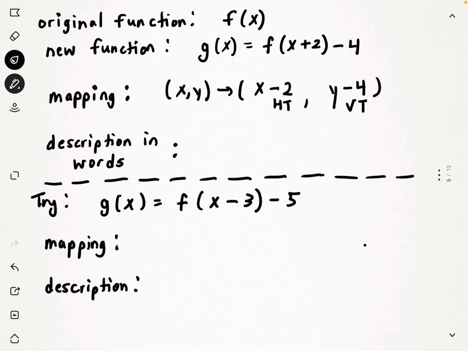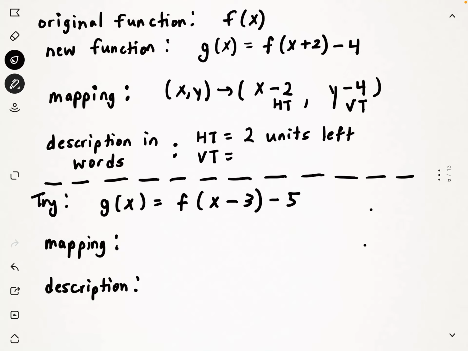All right, so anyway, now that we have our mapping notation identified here, let's take a look at doing a description in words. So we would state our horizontal translation and our vertical translation, and we have to have a number and a direction. So the horizontal translation says minus 2, so that is 2 units to the left.